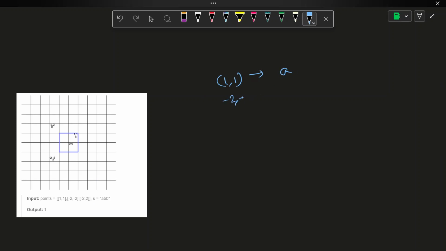For point (-2, -2), the tag is b. Similarly, for point (2, 2), the tag is b. So we have to count the maximum number of points possible in the square where tags are not repeated, right?